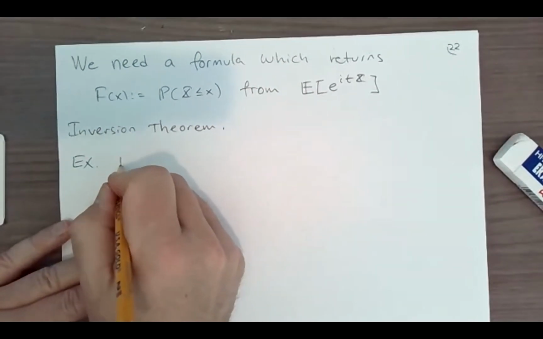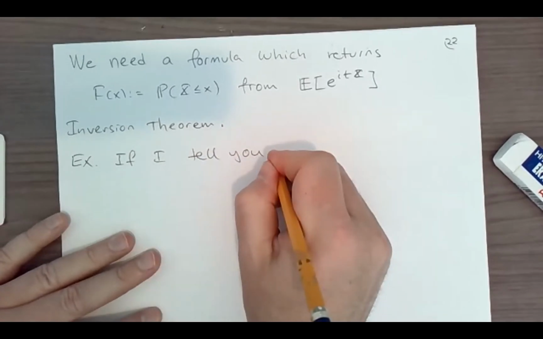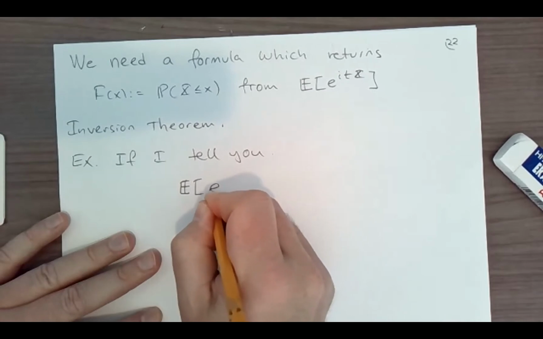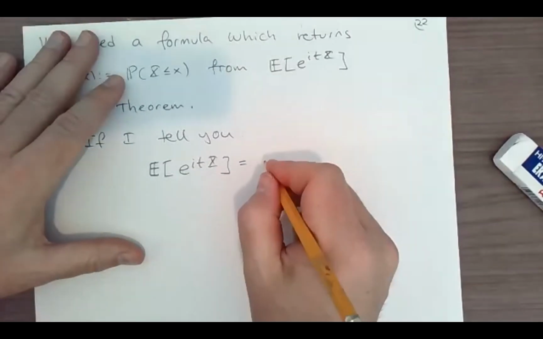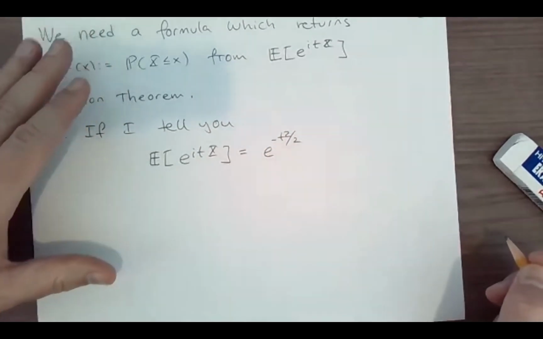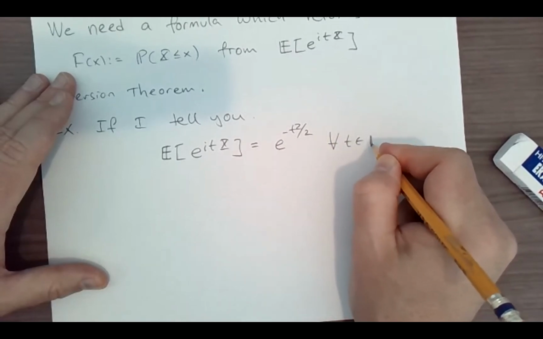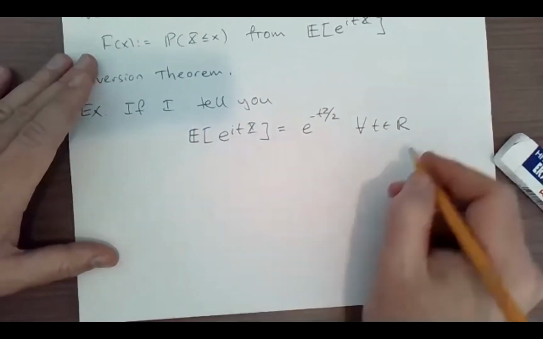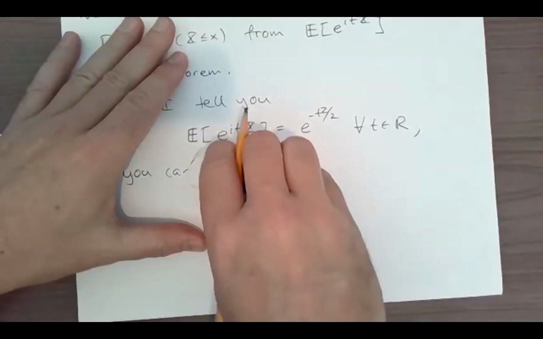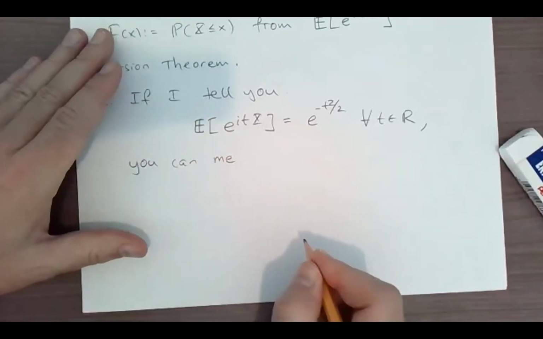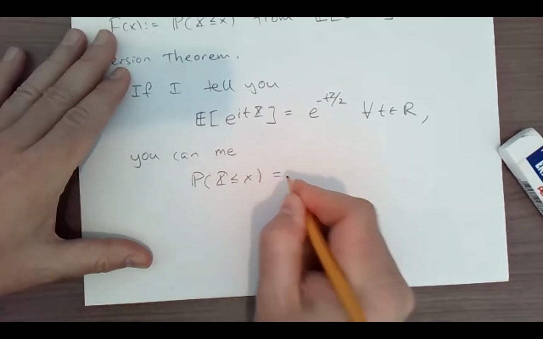So if I tell you that E[e^{itX}] is equal to e to the minus t squared over 2, if I tell you this for any t in R, you can tell me that the probability of X being less than x is equal to what?